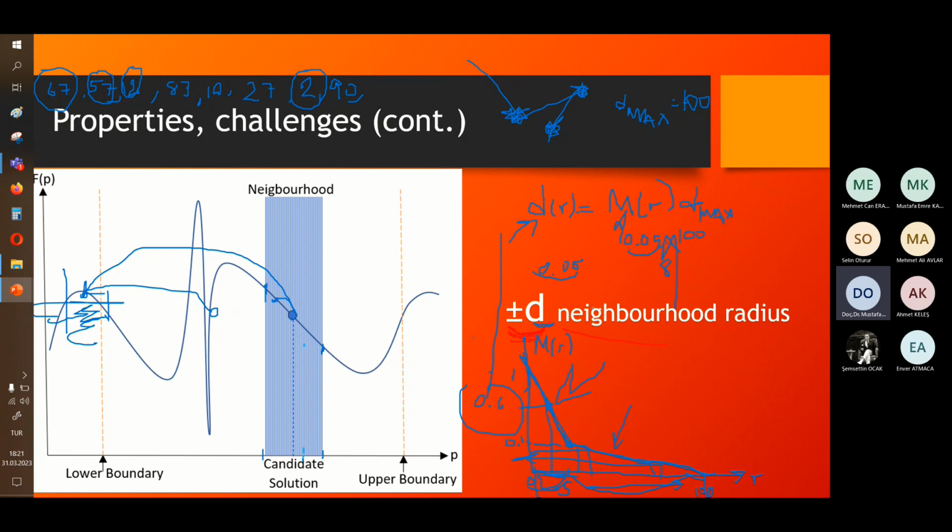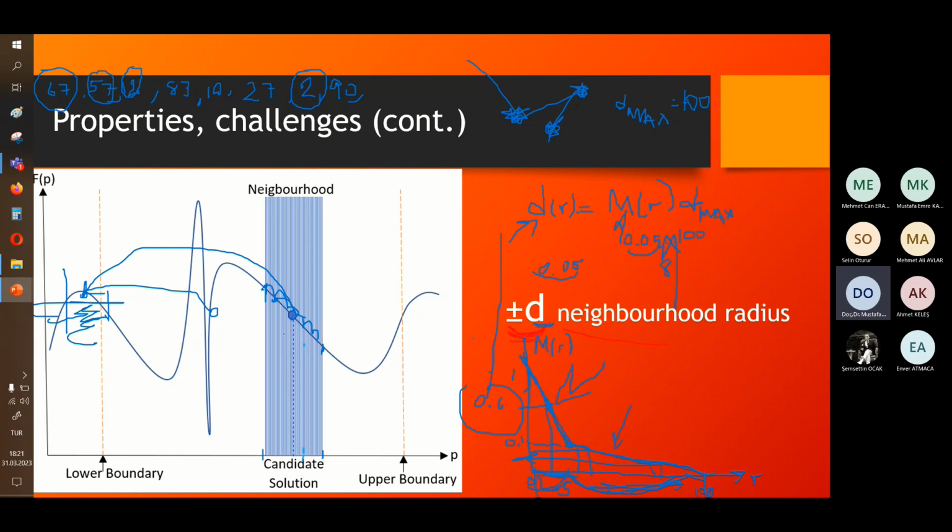Therefore, sudden large jumps will occur. Otherwise, the neighborhood radius will be smaller, and we will be exploiting where the current solution is.